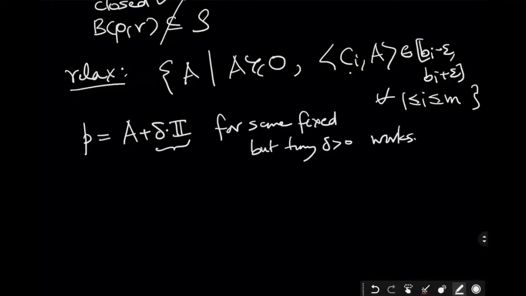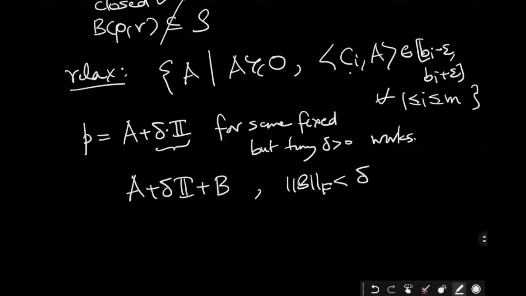So the point is that if I look at A plus delta times identity plus any matrix, let's say B, and think of B's Frobenius norm to be much, much smaller than delta, then A plus delta times identity plus B would always be PSD. Because B's eigenvalues are all smaller than delta, while I have a delta times identity sitting around here.